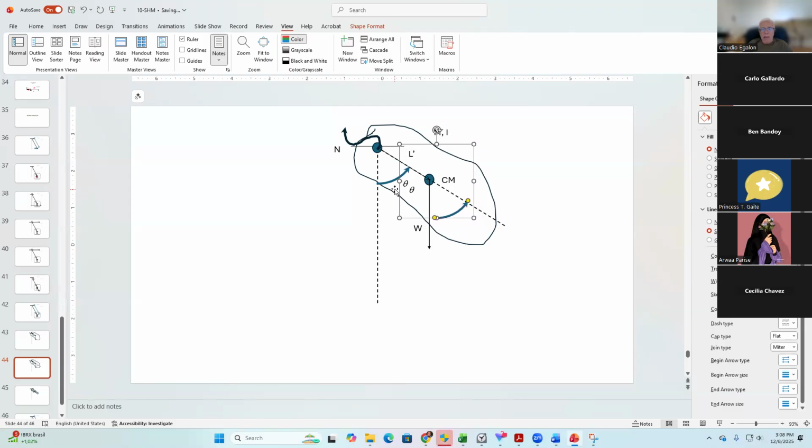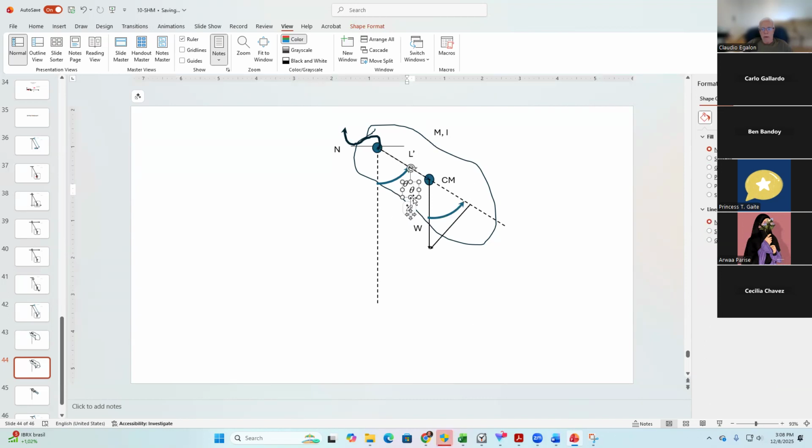The weight has a component along this theta direction that is responsible for the torque, right? And then we have this other component here that does not contribute to the torque.